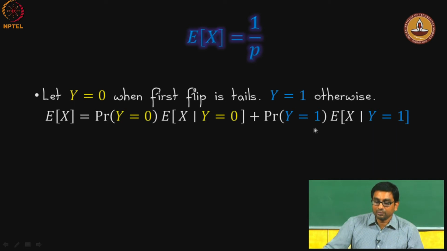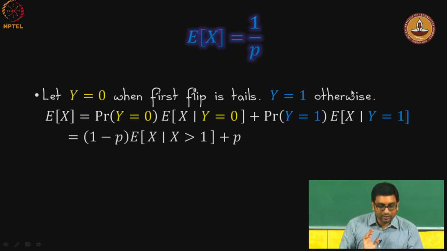Let us look at this line. Depending on whether you get tails or heads, the expectation becomes conditional on that. So the expectation of X conditioned on Y equal to 0 here, and Y equal to 1 here. Let us see how that plays out. It will be easier to see this part.